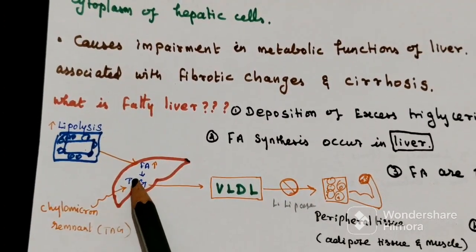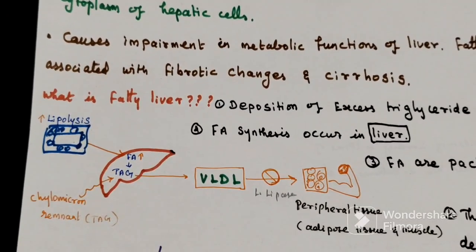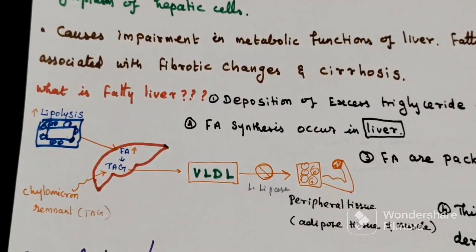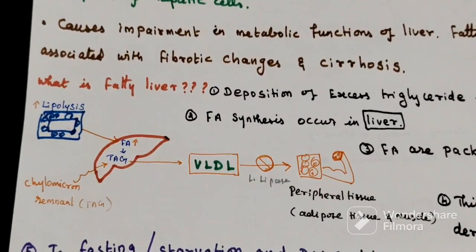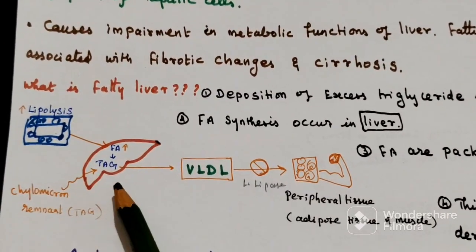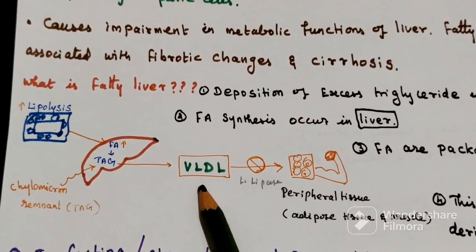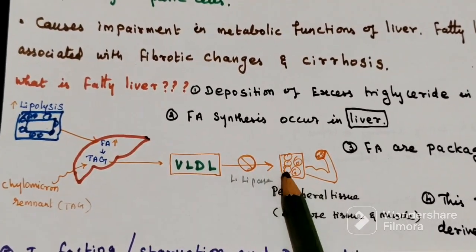But the increased fatty acid cannot be oxidized through the TCA cycle by the liver, resulting in accumulation of fatty acid in the form of triacylglyceride, which is excreted as VLDL.